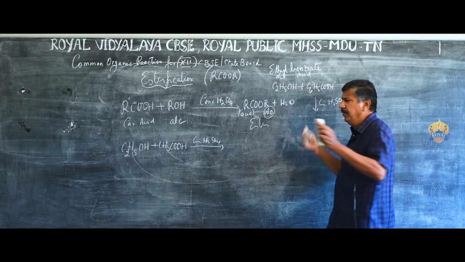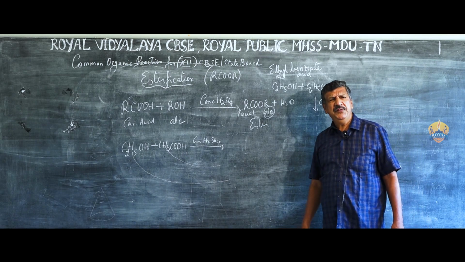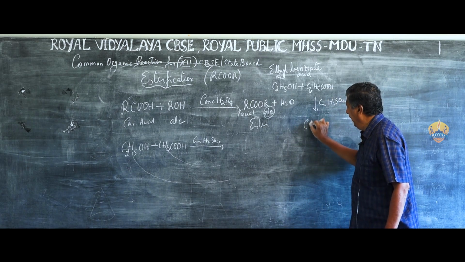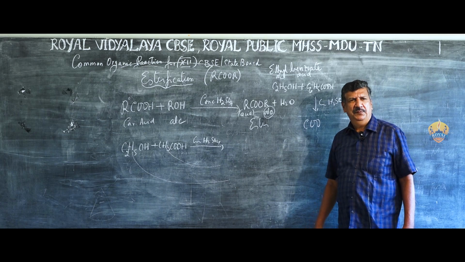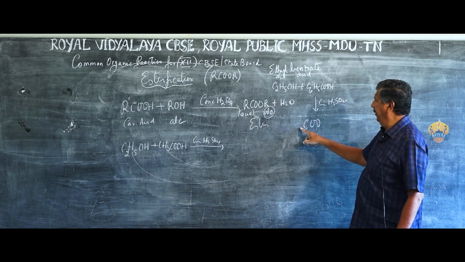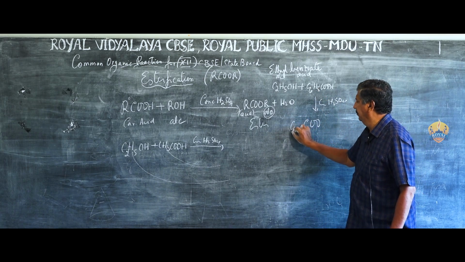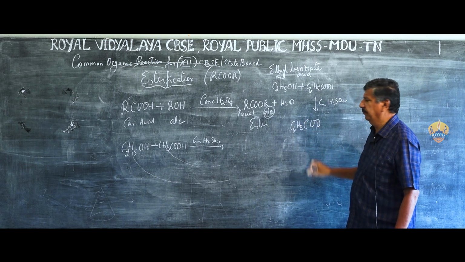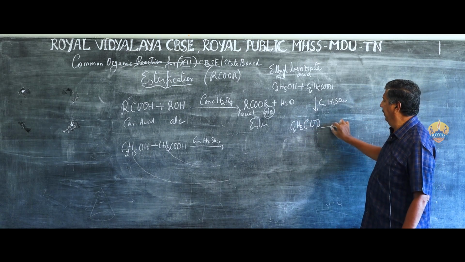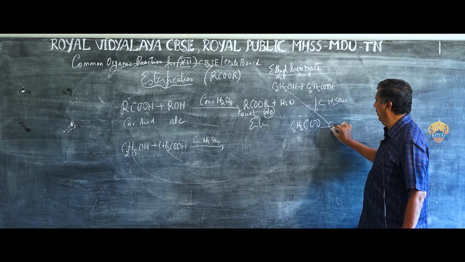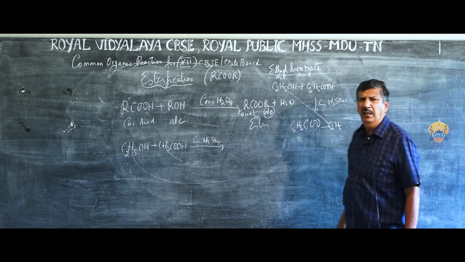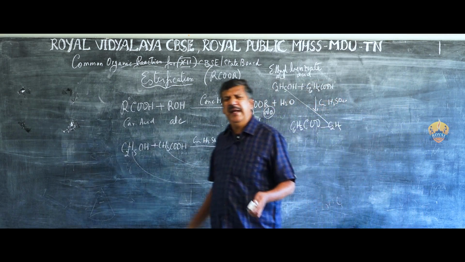Then what will be the answer? You will be getting the ester. What will you write here? The acid part. What will you write here? The alcohol. That's all. So the product will be ethyl benzoate, any compound.